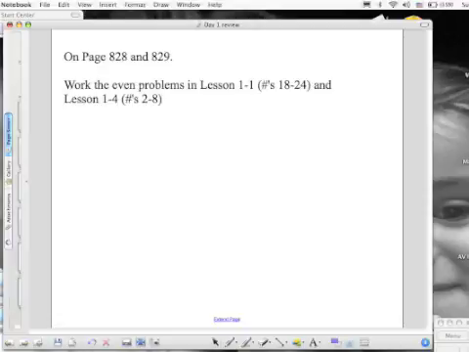And in lesson 1-4, the even numbers from 2 to 8. So 2, 4, 6, and 8. Everybody take out your book, open to those pages, and right now I want you to work those problems. It's 8 problems. I'll give you 10 minutes.